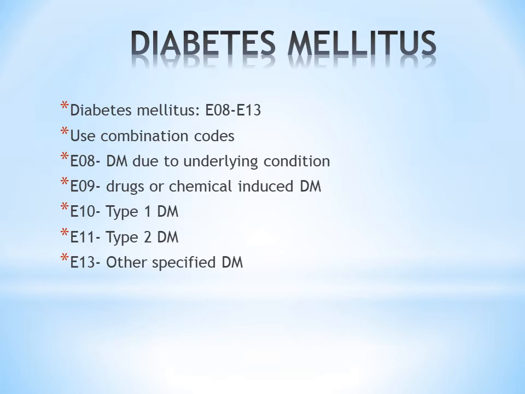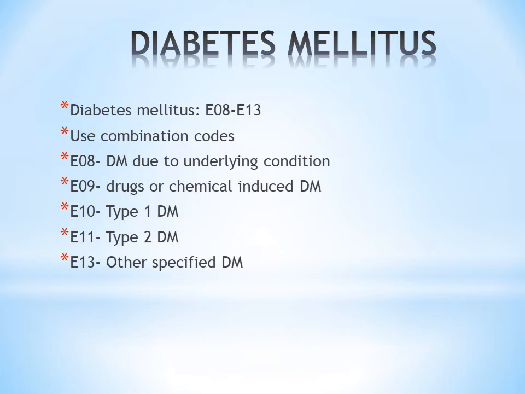Then the next one is E09, drugs or chemical induced diabetes mellitus. This means that if diabetes mellitus occurs as a result of adverse effect of some drugs or chemicals, we need to take this code E09, drugs or chemical induced diabetes mellitus.